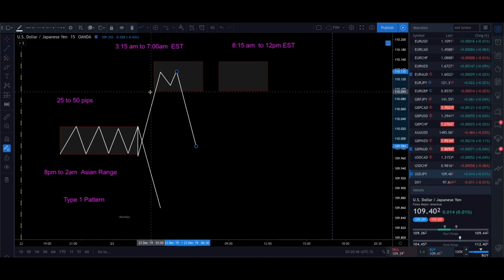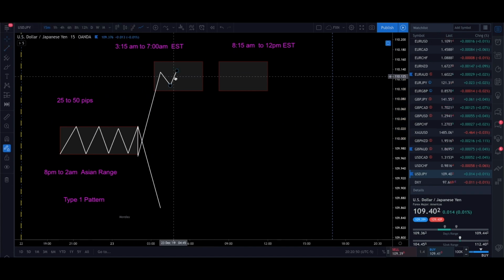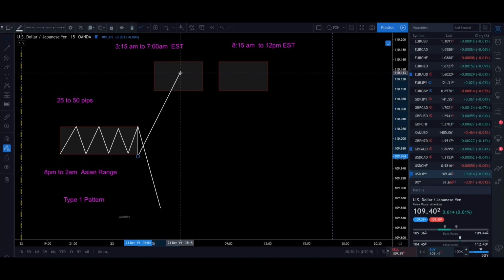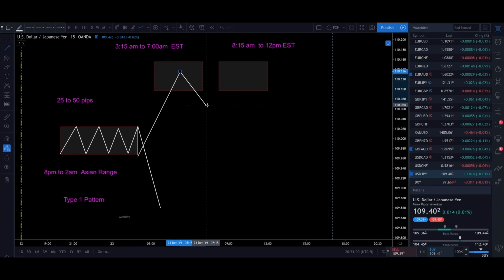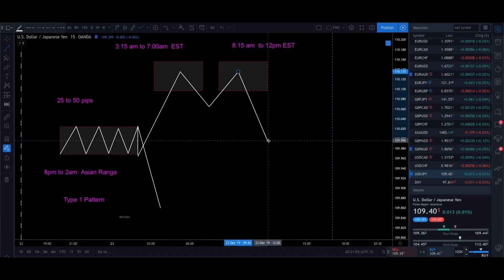Okay? The other type of M pattern that you could see is essentially when you have the first leg happen during the London session, and then the second leg actually happens during the New York session.